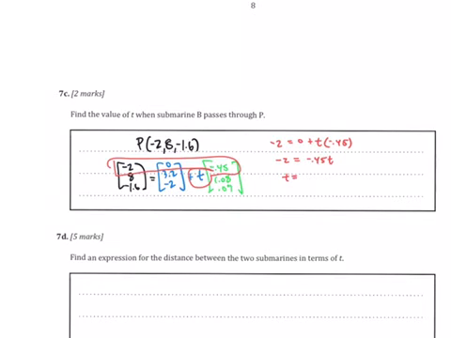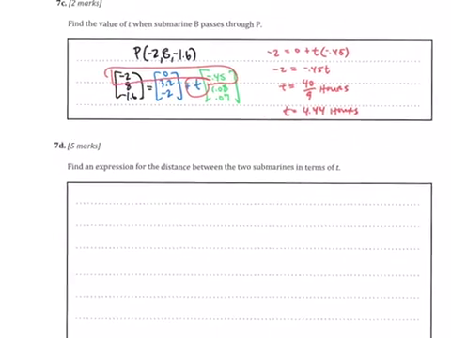Therefore, t is equal to, I think that ends up being 40/9 hours, which ends up being 4.44 hours later. So submarine A passes through that point, since it has slowed down, and then 44 minutes later, or approximately thereof, we would see that submarine B would pass through the same point.